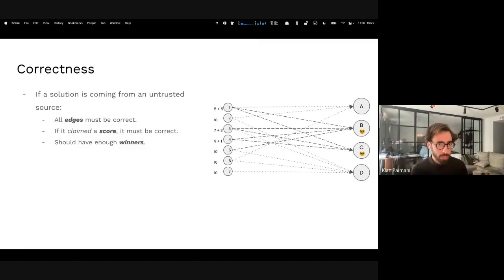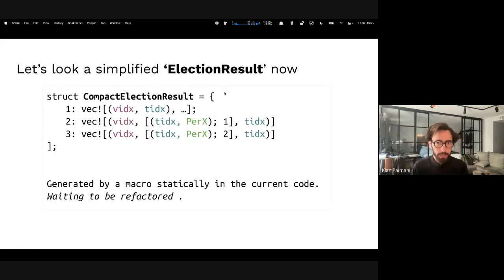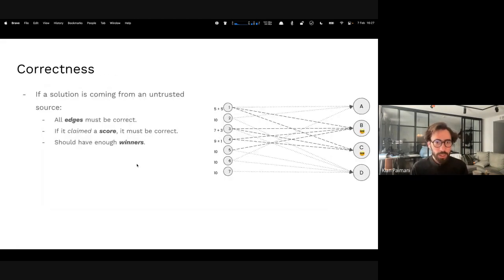So there will come a time where we actually want to check the score of a solution, which I explained how it's computed. You can also imagine the score is very easy to compute once you convert this compact thingy into a target major data struct, because the score is only a function of the final stake of the winners.